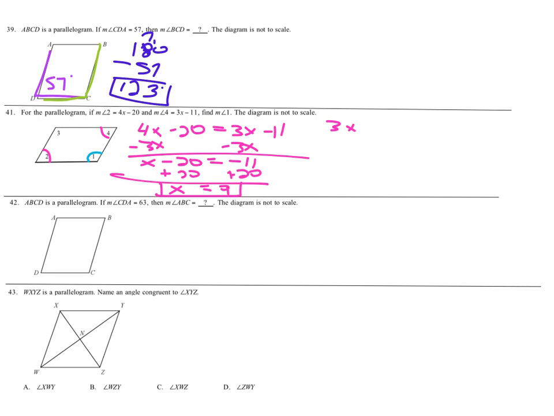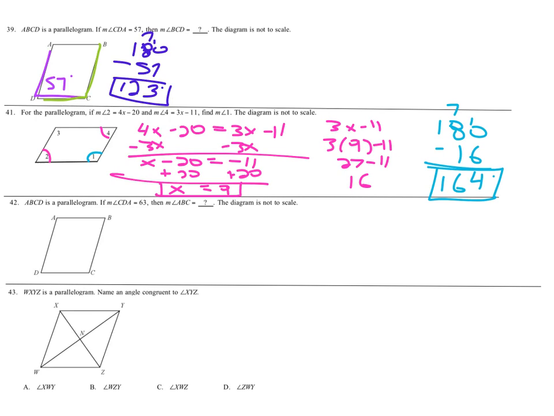And let's say I'll plug it into 3x minus 11. And since it's 16, we need to subtract from 180, and we can say then 180 take away 16, 164. And that's what we're going to go on.